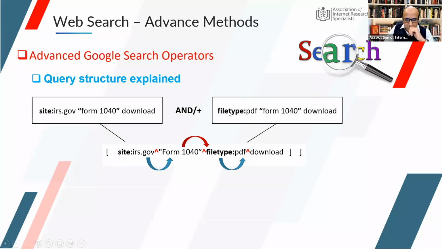So query structure, what this is simply telling you, and by the way, this arrow upwards, this is just denoting the gap, or a gap of a single character in between these two sets of terms, or whatever is on left and right of it. That's just a gap. That's all it's saying.